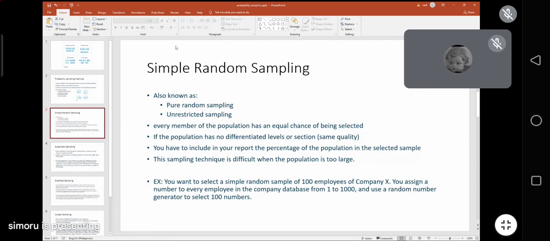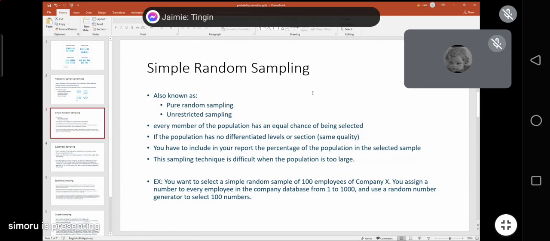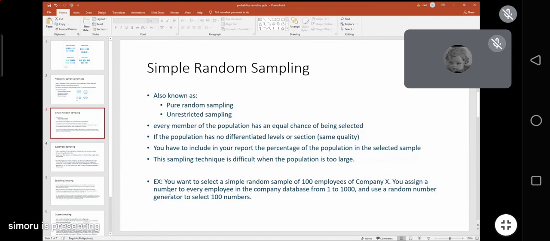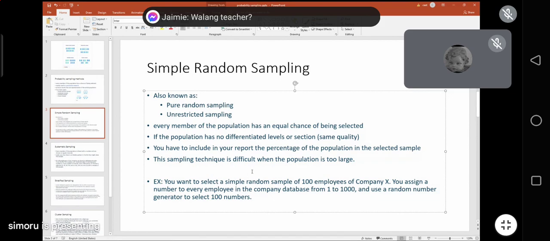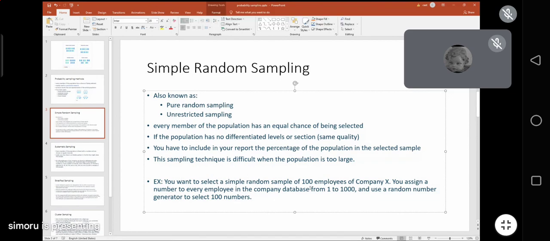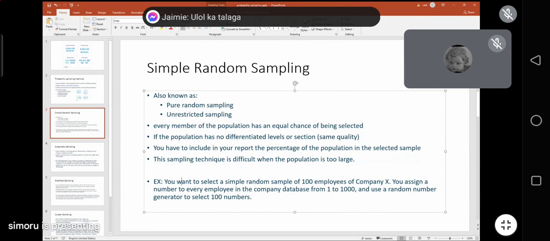Simple random sampling can be quite difficult when you have a very large population. Here's an example that I got from Scribber. You want to select a random sample of 100 employees of company X. You assign a number to every employee in the database from 1 to 1000.